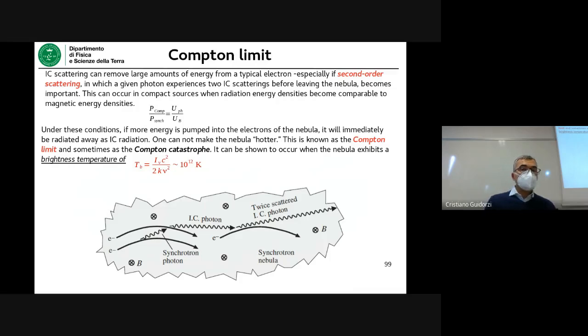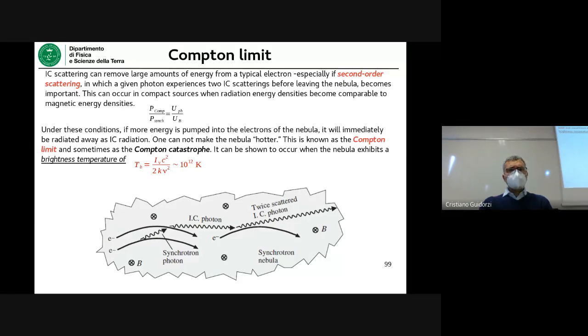In one case, you have to consider the possibility that the entire source is emitting through a coherent process, in which case there is no more limit of this kind. Or the second possibility is that the source is moving ultra-relativistically, not the electron, the source. The source is moving towards you with ultra-relativistic velocity.